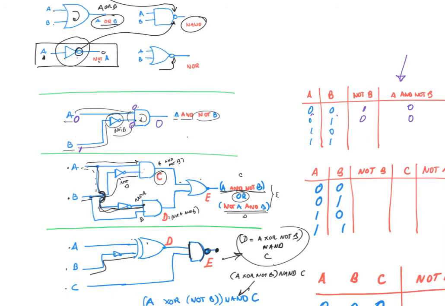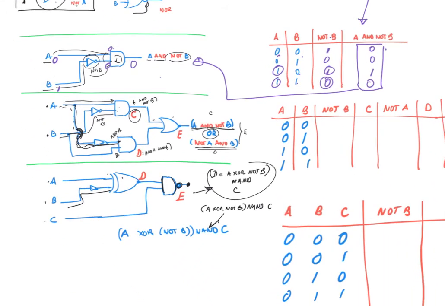So 1 and 0: what's not B for 0? 1. What's not B for 1? 0. Now, if I have 1 and 1, the result is 1, and if you have 1 and 0, the result is 0. So this is going to be the result of this truth table.